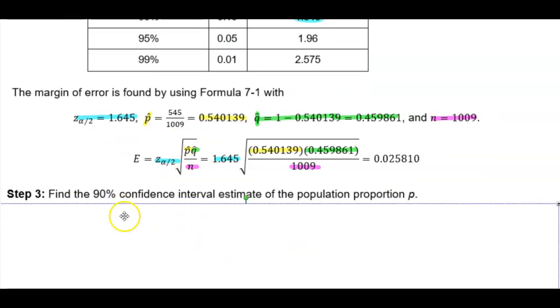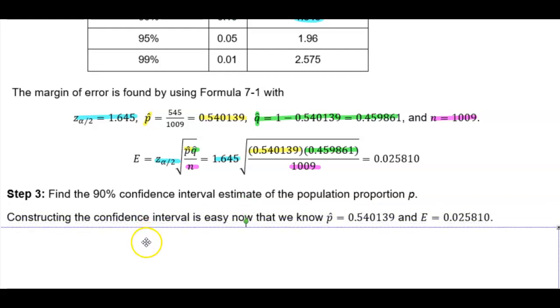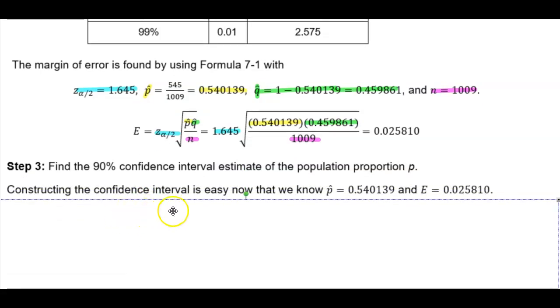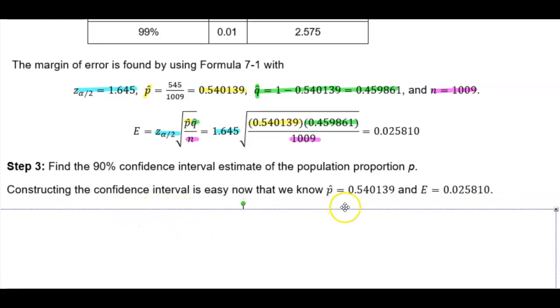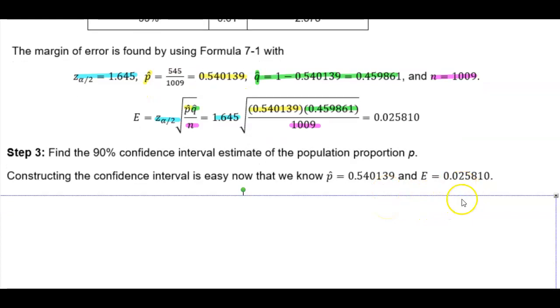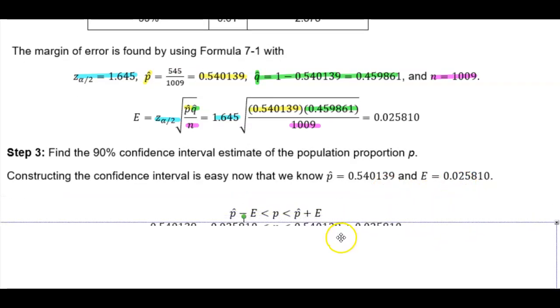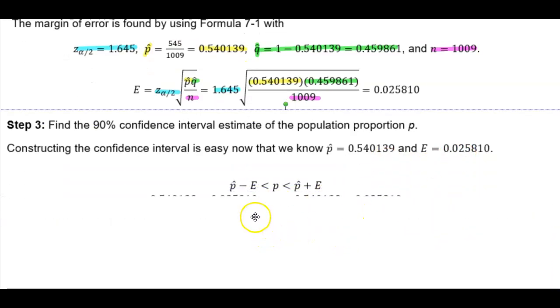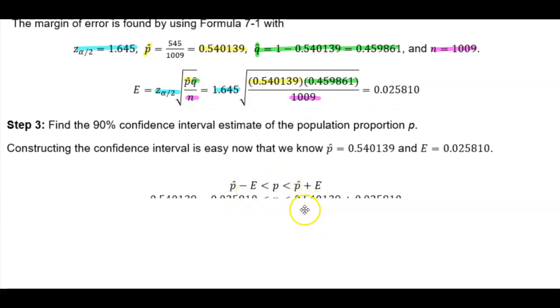Now we want to find the 90% confidence interval estimate of the population proportion. Constructing the confidence interval is easy now that we know the point estimate is 0.540139 and the margin of error is 0.025810. The formula is the point estimate minus the margin of error, and the point estimate plus the margin of error.